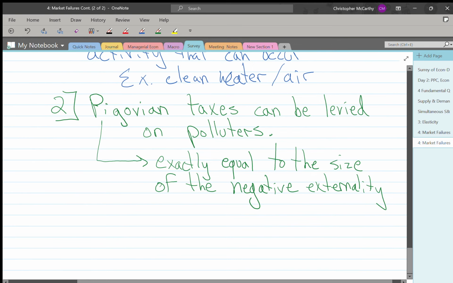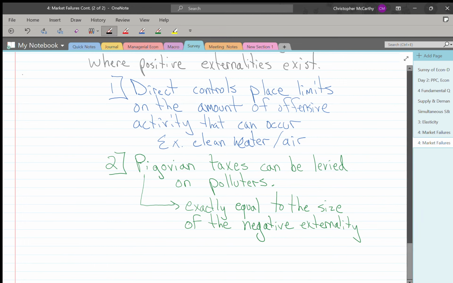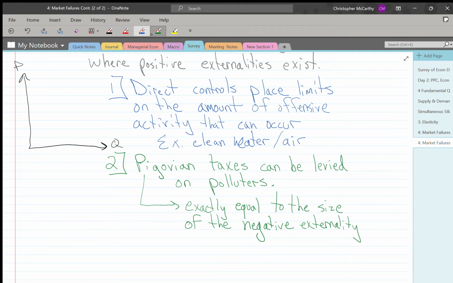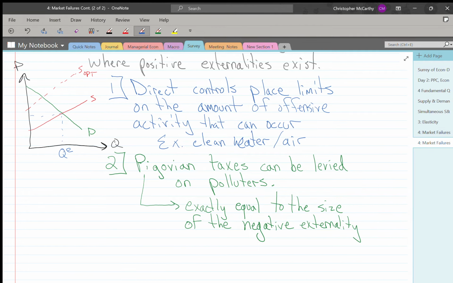So when we have a negative externality, and when the government fixes it with direct controls, the government comes in and they're like, okay, so this Q, the equilibrium Q, that's where things are being produced, and we're just going to say that you can only produce this much.